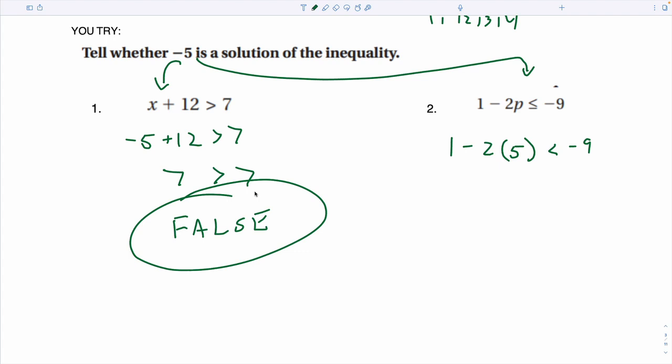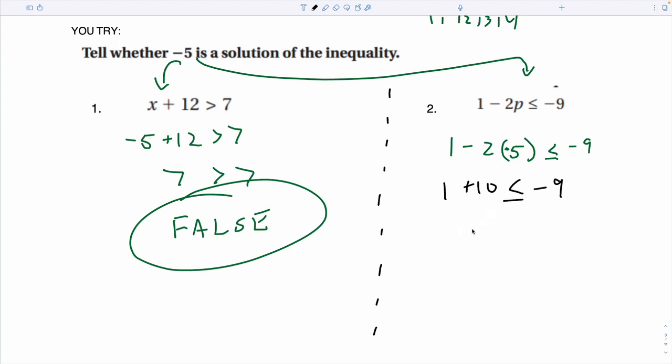It's negative 5. Thanks. I didn't finish it yet. It was an incomplete problem.